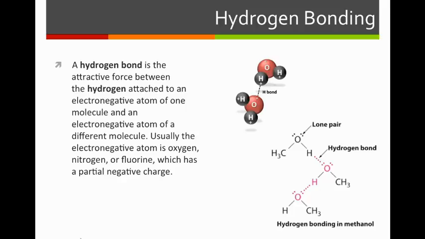Because oxygen has a lot of electrons, hydrogen is somewhat attracted to that oxygen, not to the level of breaking its current bond with its other oxygen, but in enough of a relationship to affect boiling point, to affect other physical properties.